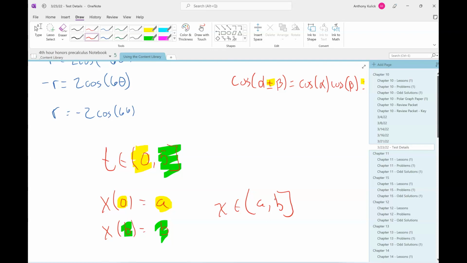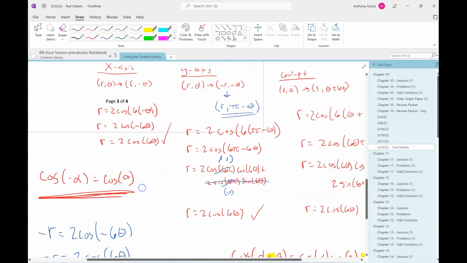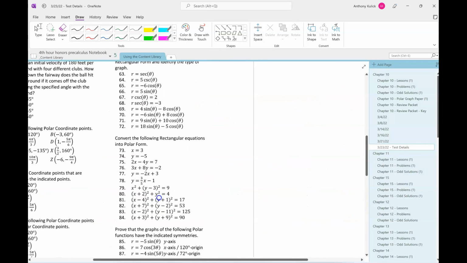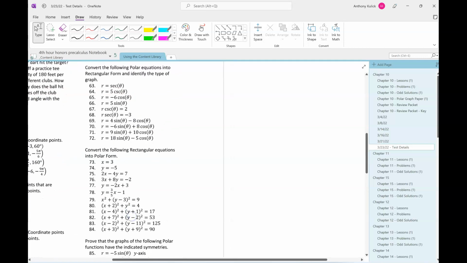Anybody else? Yeah, Teeks. 70? So you just want to convert this to rectangular form. Okay, so we'll just multiply both sides by r.